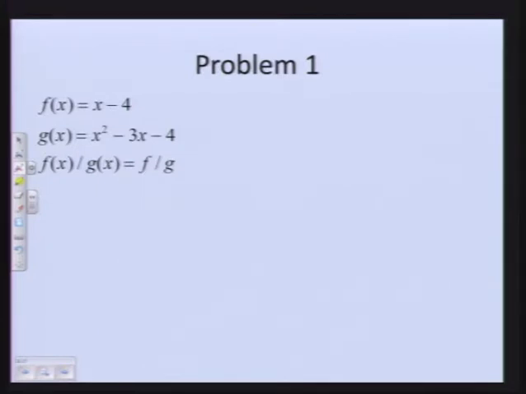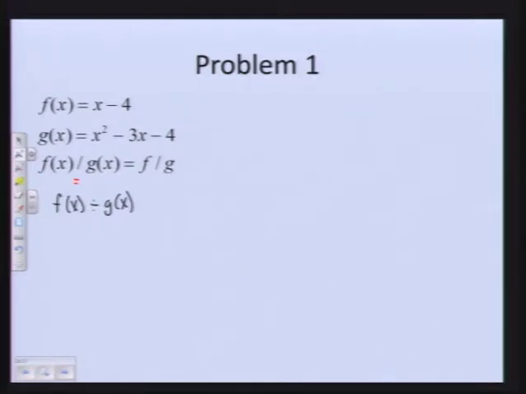So here we have f of x and g of x, and now I want to do f, and the slash mark means divided by. Now of course we could have f of x divided by g of x. Most of the textbooks won't use the old-fashioned division symbol, but they might.